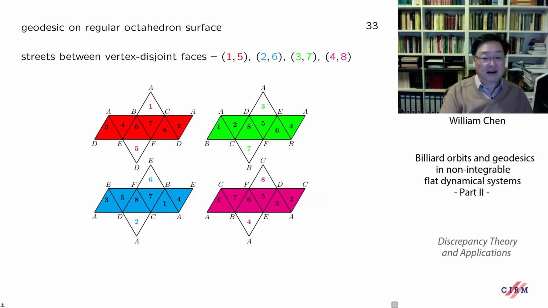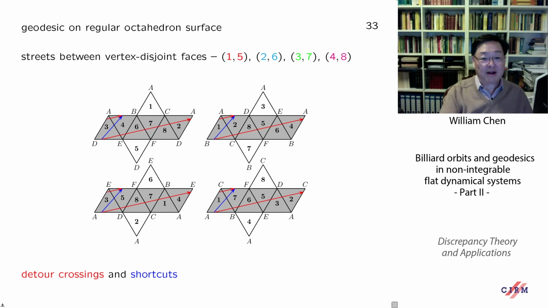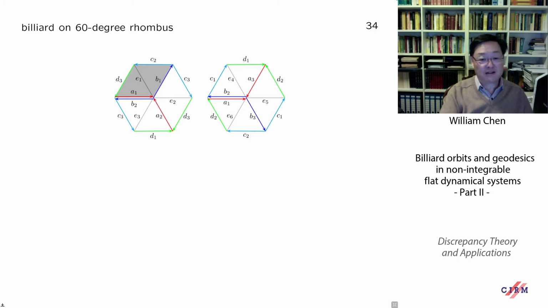There are 4 streets illustrated here. And we end up with a street rational polyparallelogram surface. And we already know that we can handle them. This shows the detour crossings, shortcuts.